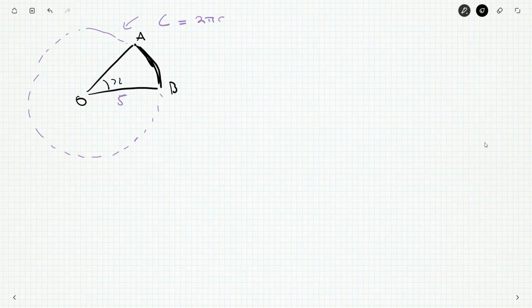Well, the angle here is 72 degrees. And what's the angle of a full circle all the way around? 360 degrees. So this slice is a fraction of the total, and the arc length AB is a fraction of the circumference.